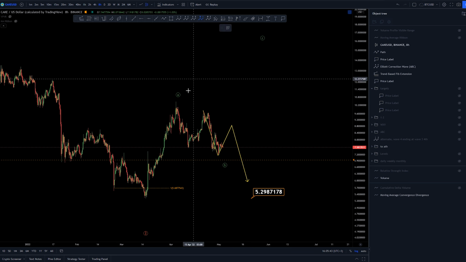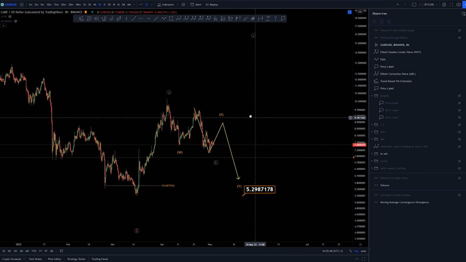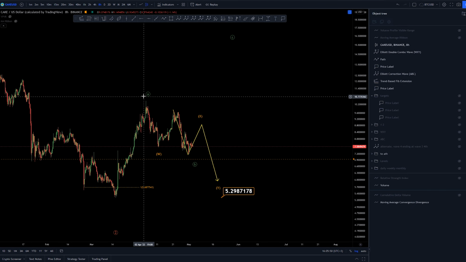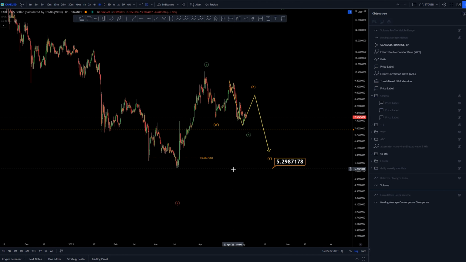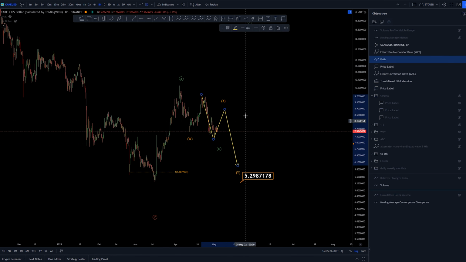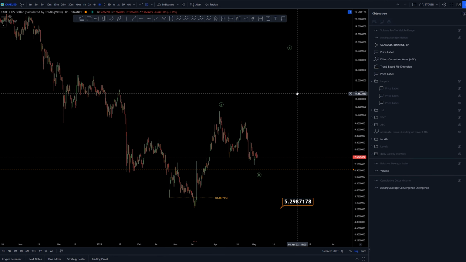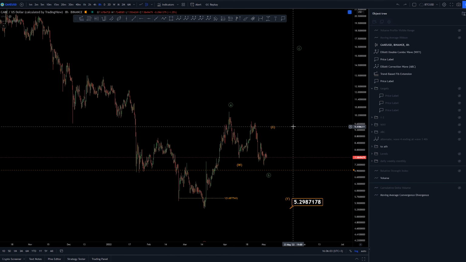At that point we would be looking at some kind of structure like this, WXY. And that would be more bearish. Are those going to take out these lows here? Not sure. We'll see how the wave structure develops here. But I'm hopeful for a bullish scenario actually here.